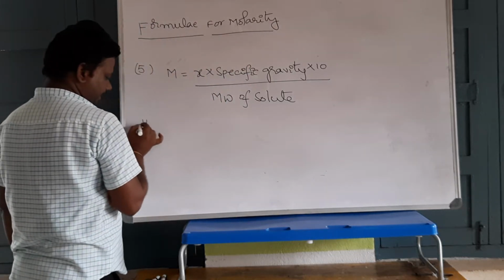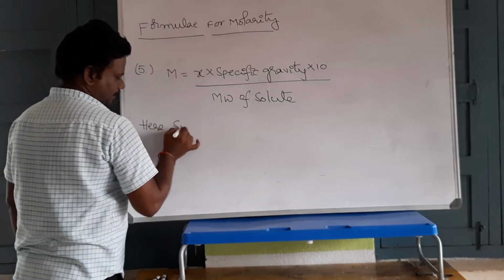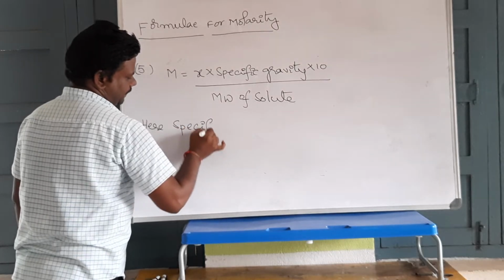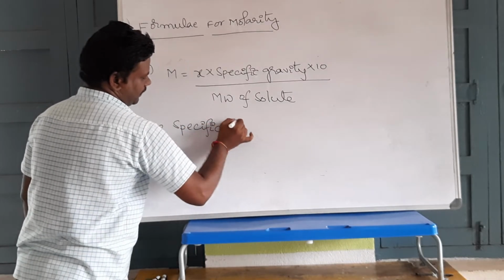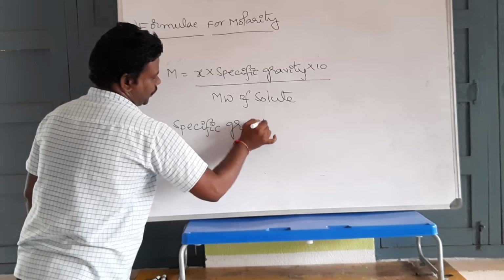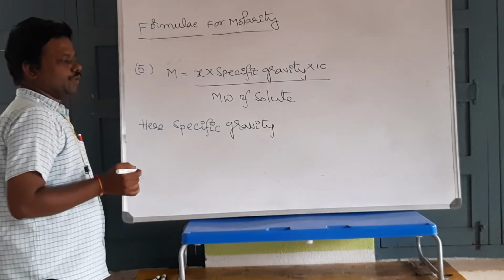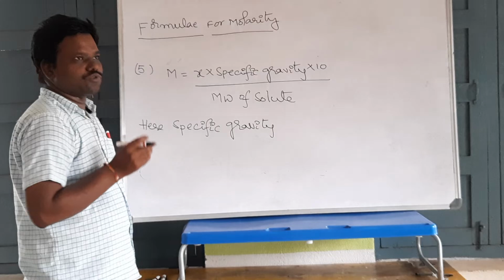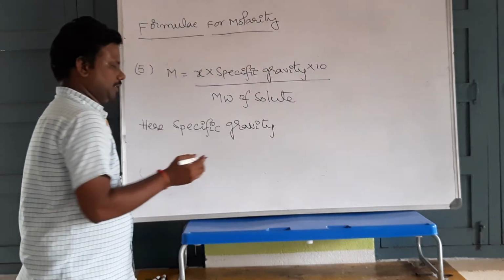Here specific gravity is the ratio between density of solution to the density of water.